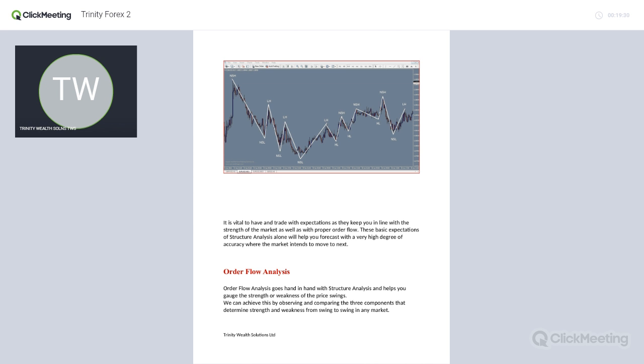The next high, which is higher than the previous high, we call a new structure high. Every successive high which is higher than the previous one, we call a new structure high. And from low to high, we call it a swing.